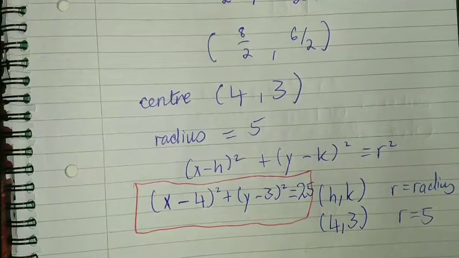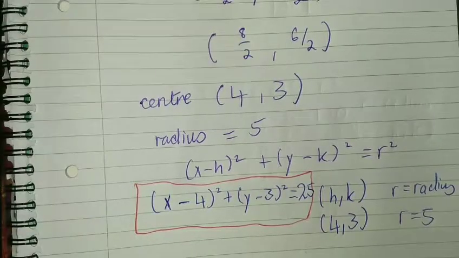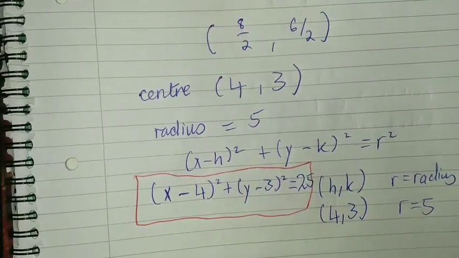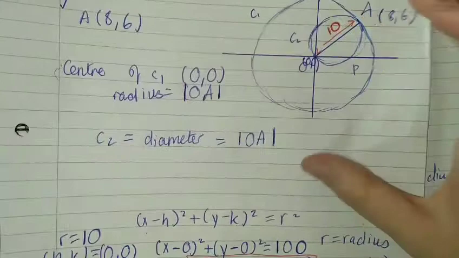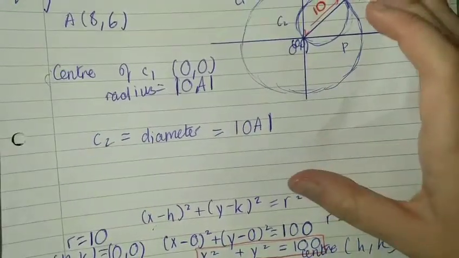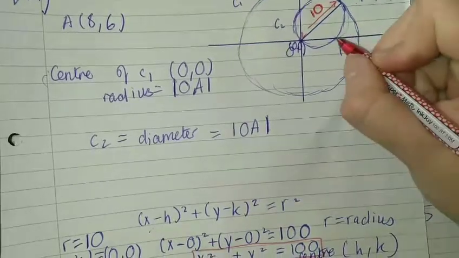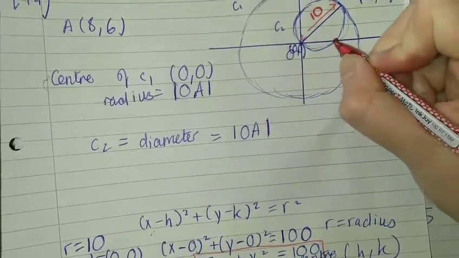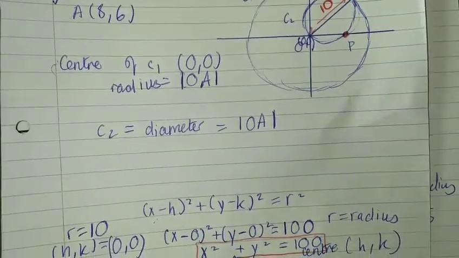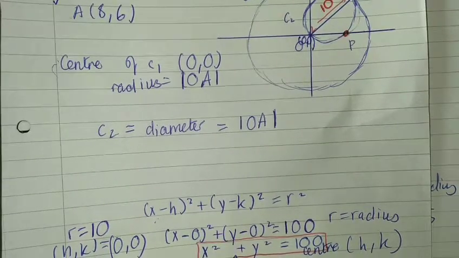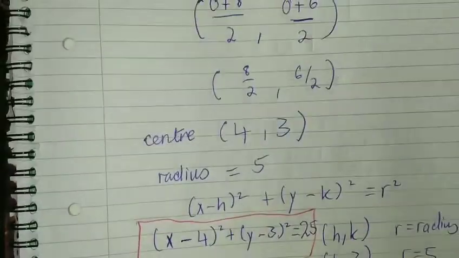And then we're told that the circle C2, my smaller circle, cuts the x-axis at the point P. So it cuts the x-axis here at the point P, and we're asked to find the coordinates of P.